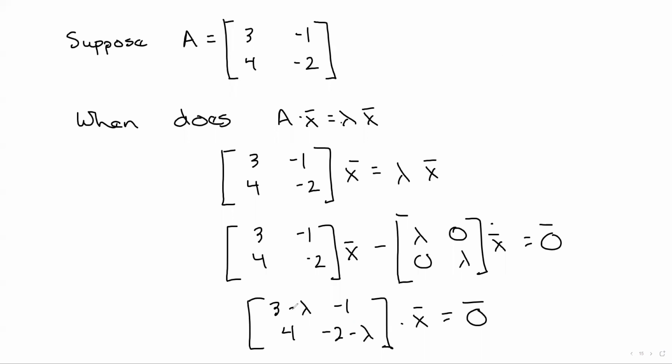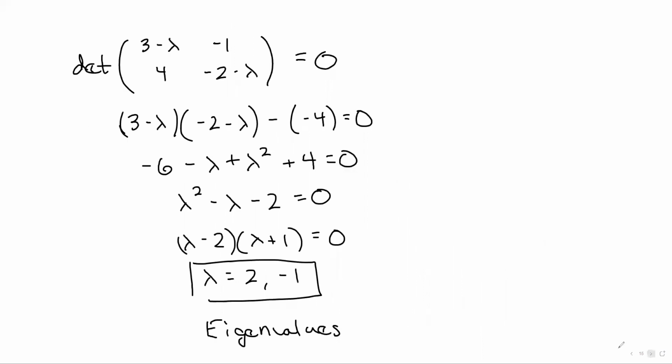So we're going to have 3 minus -1, so that's 4. Then we're going to have 4, and then -2 minus -1, that's going to be -1. So we're going to have [4, -1; 4, -1] times [x1, x2] equals [0, 0].